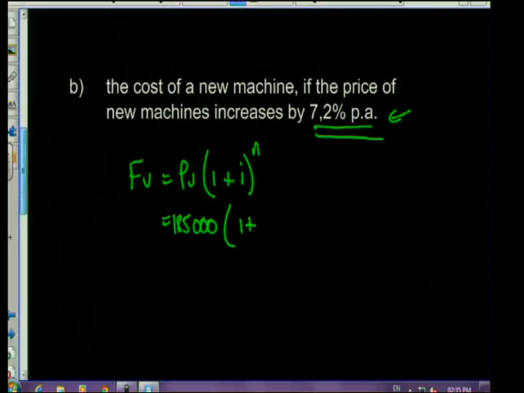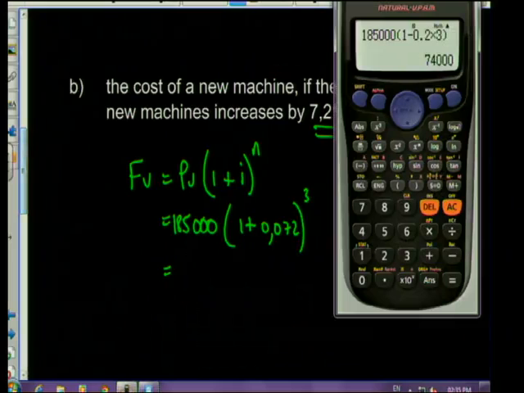The interest rate is 7.2%. You can put 7.2 over 100. That's what I've got already, and that is to the power of 3. So let's go and pull up our calculator so we can work out what this bit is.